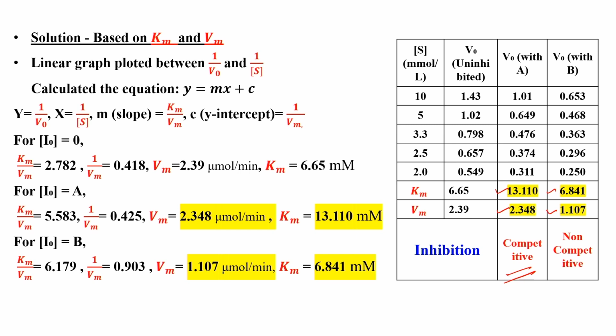What do you mean by competitive inhibition? Competitive inhibition means there is an increase in the Km value and no change in the Vmax. In the case of non-competitive, what we observed was a decrease in the Vmax and at the same time no change in the Km value. So, this we discussed in the last lecture.